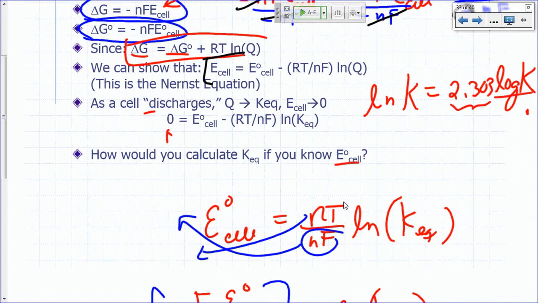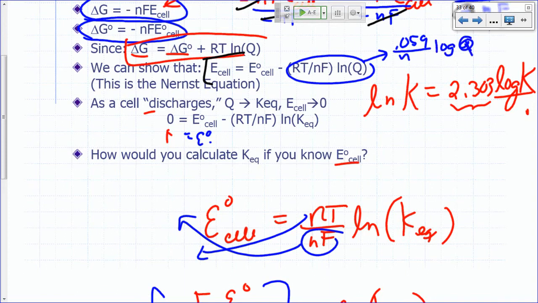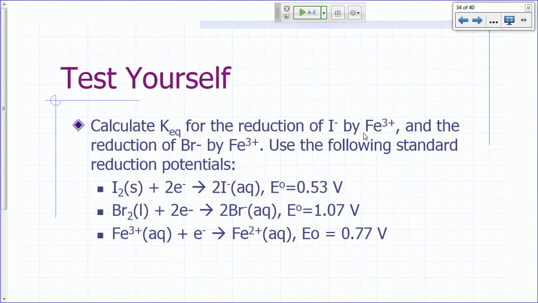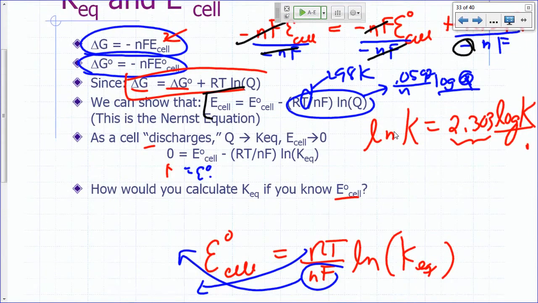So if you combine that, the term RT over NF is the same thing as 0.059 over n times base 10 log of Q. In this case, you factor in your 2.303 and change it to base 10 log. We're plugging in 298 Kelvin as our temperature, 0.0592 to be more precise. So that's how you can calculate.